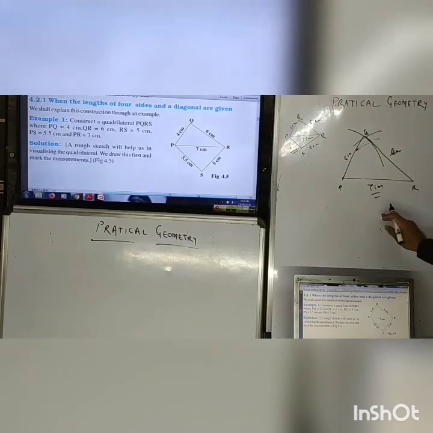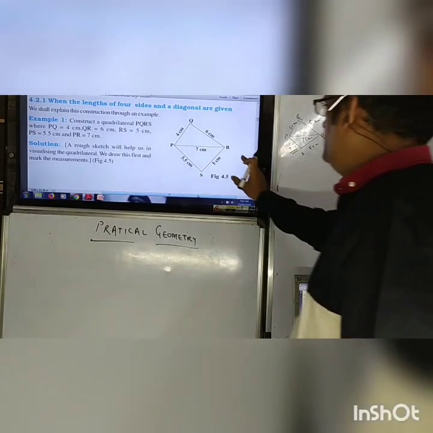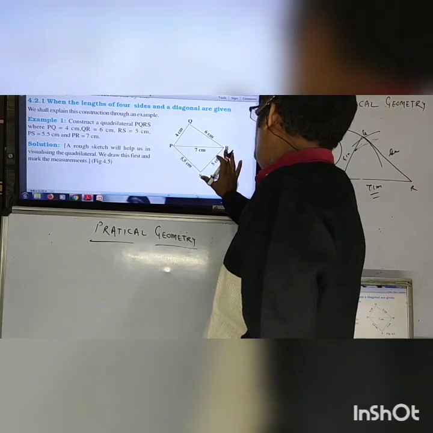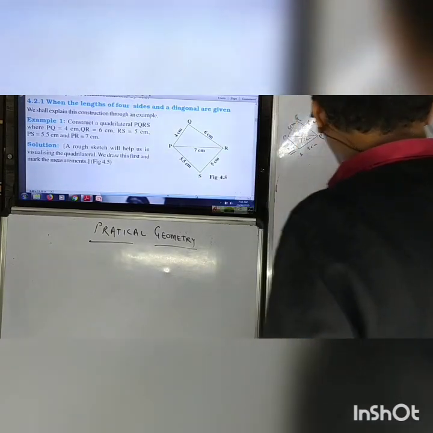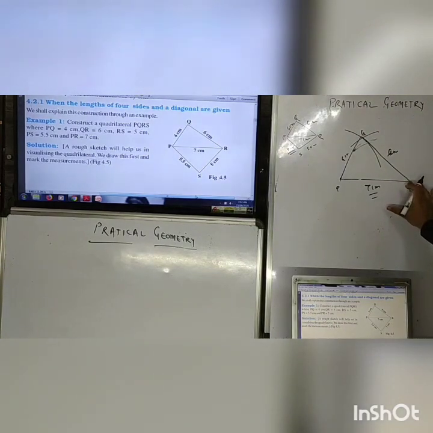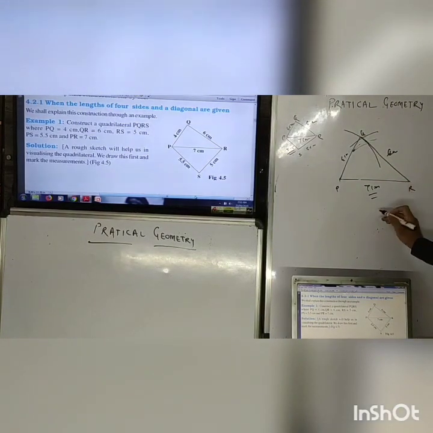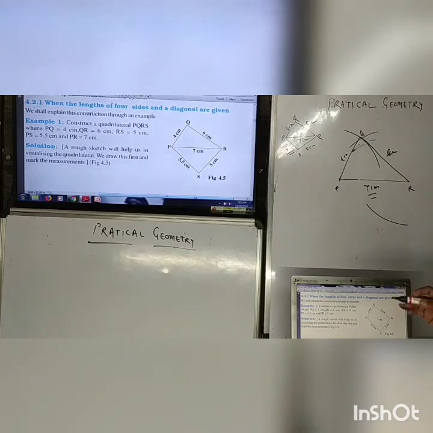Now point S is on the other side of this PR. This S is 5 cm from R. So take 5 cm in the rounder, put the metallic end at R and draw an arc of radius 5 cm.